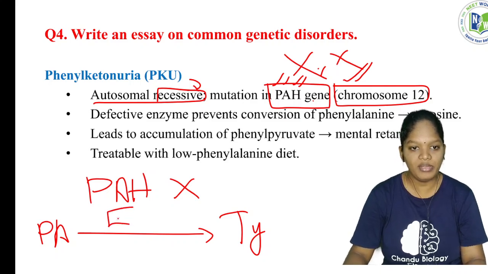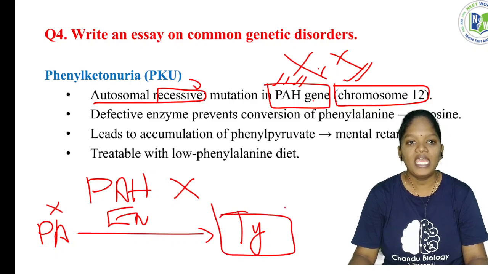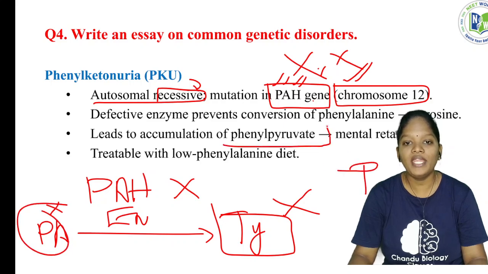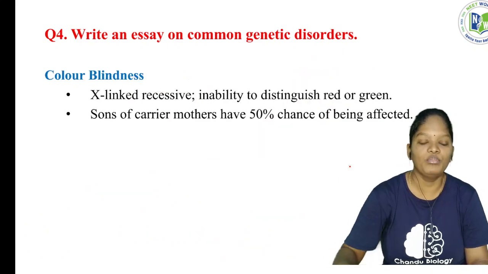If the PAH enzyme is not produced, the phenylalanine will not be converted into tyrosine. If the tyrosine will not be produced, the phenylalanine will be converted into phenylpyruvate. If the phenylpyruvate is accumulated largely, it leads to mental retardation. Okay, so this is very important.